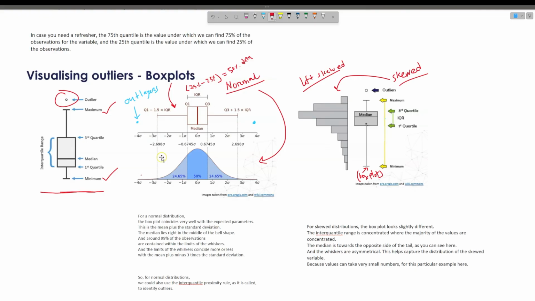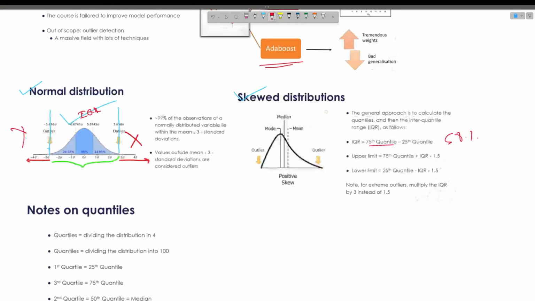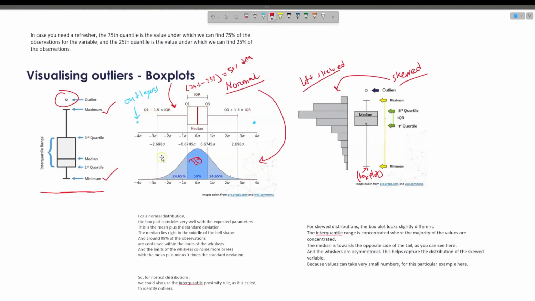So this is our normal distribution, right? If we get the box plot for this distribution, we will have something like this. As I mentioned, the interquantile range basically remains where we have 50% of the data.